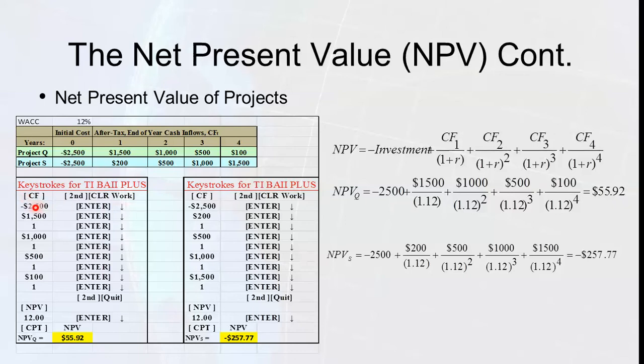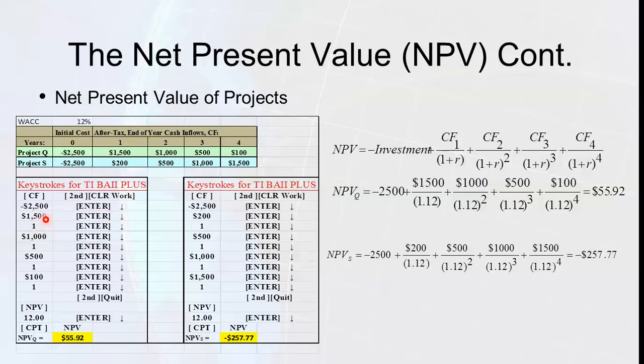And CF0 is negative 2500, so put 2500 with the negative sign and enter. Go down, and you have C01, which is cash flow number 1. We have 1500. Let's put 1500, enter, down.